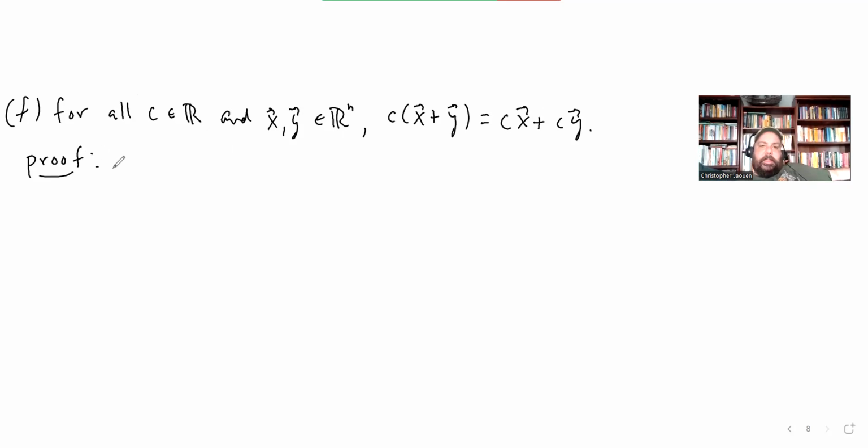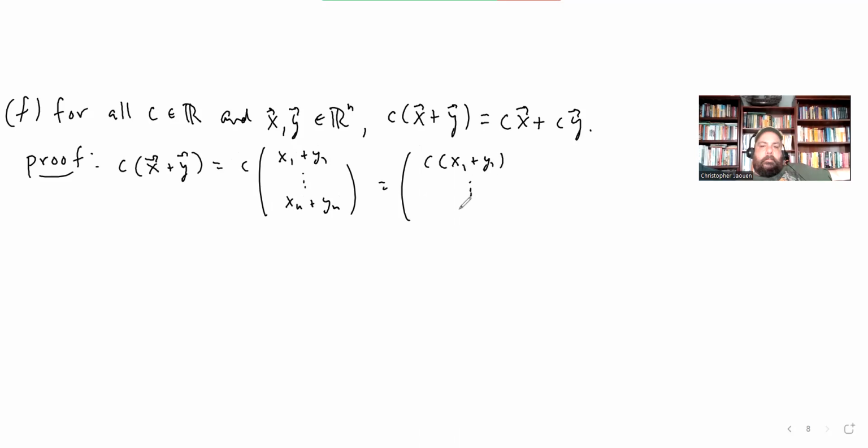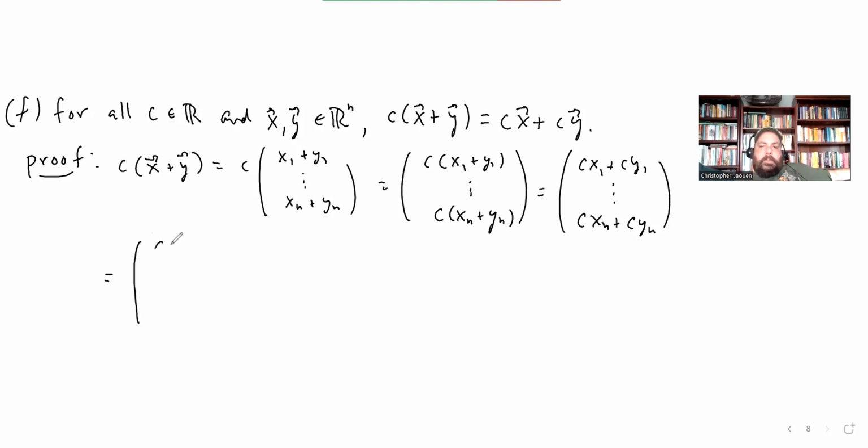Okay, so proof. So let's take c times x plus y first. This is a distributive law for real numbers, so this is cx1 plus cy1 up to cxn plus cyn, which I can break up into a vector sum.